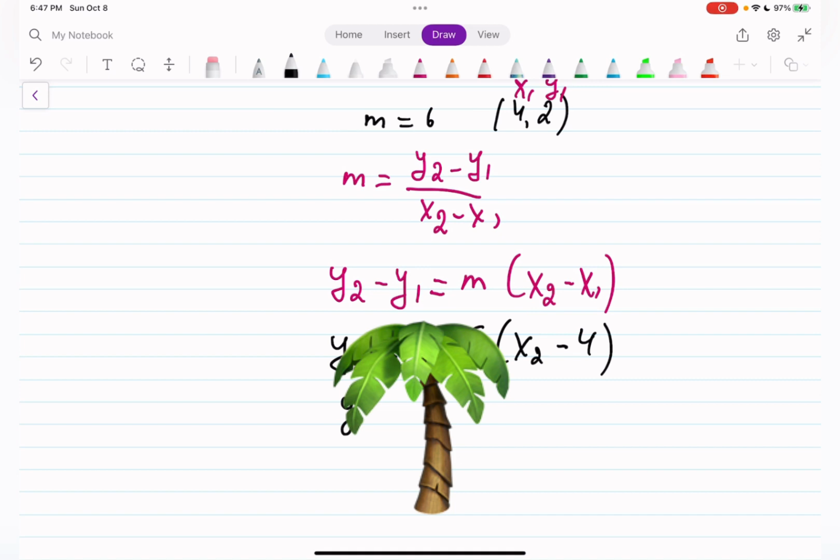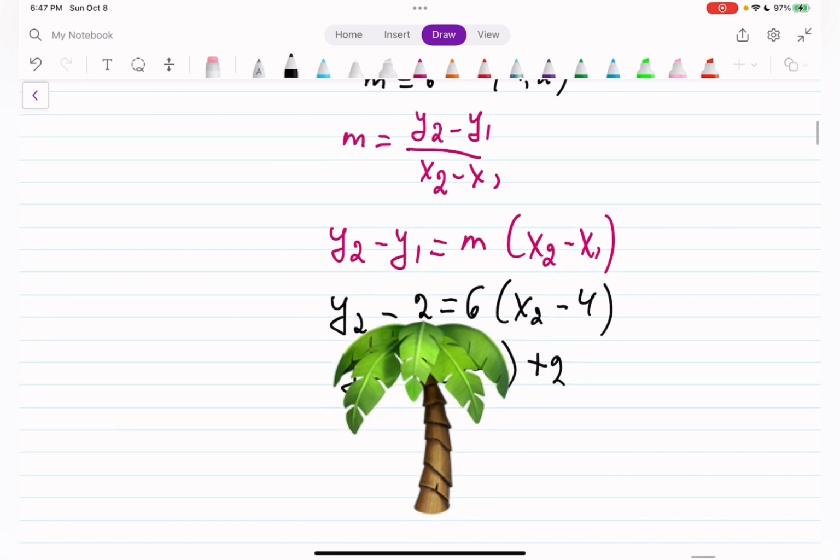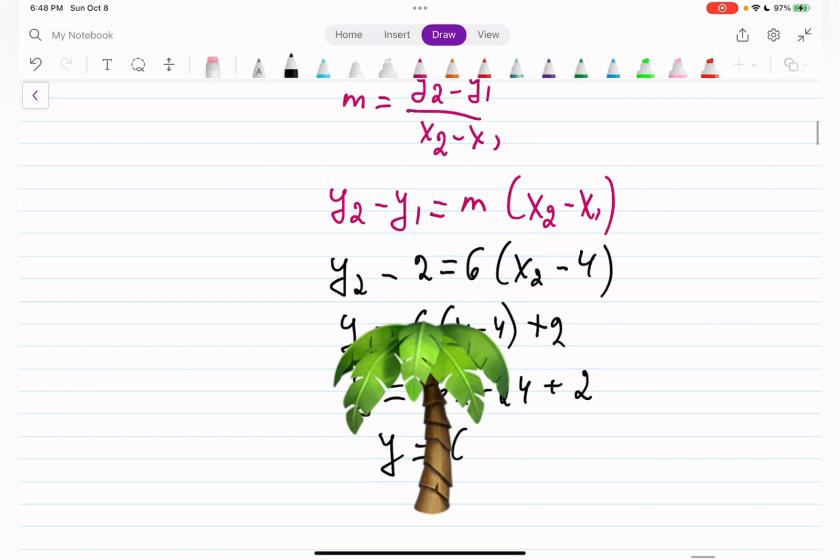Since I have only one y and one x, I can drop the index 2. It doesn't matter anymore. So at this point, I'm just writing y is equal 6 times x minus 4 plus 2, right? Because negative 2 I'm flipping on the other side. And I'm getting plus 2. So let me open parentheses, y is equal 6x minus 24 plus 2, and I'm getting y is equal 6x minus 22. And this is our equation. So 6x minus 22.